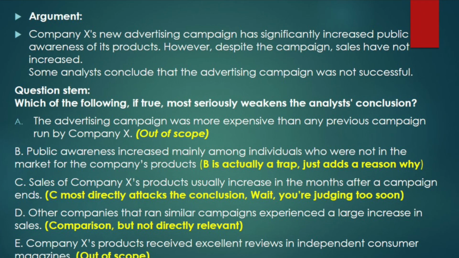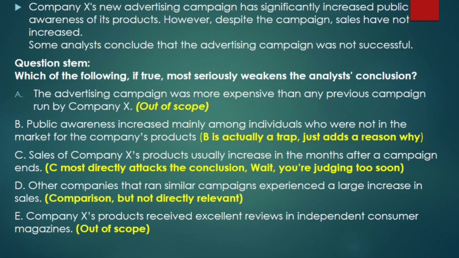It is not weakening the analyst's conclusion. It is adding more voice to the analyst, that the campaign failed. But it is a trap because it looks to be true, so we can fall into this trap.